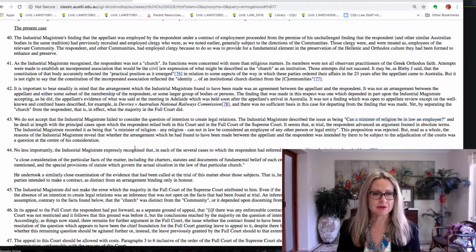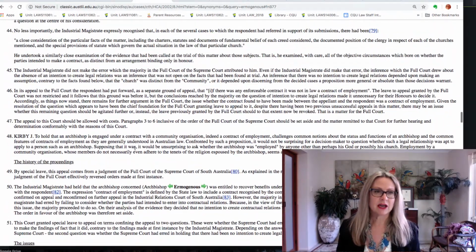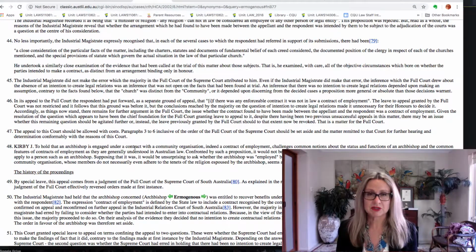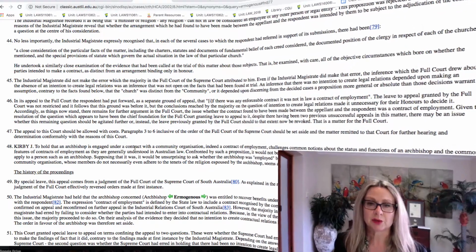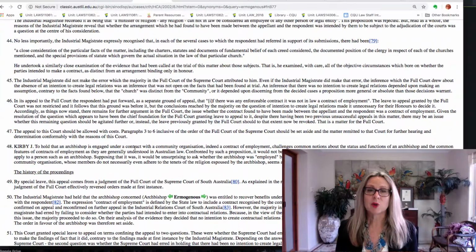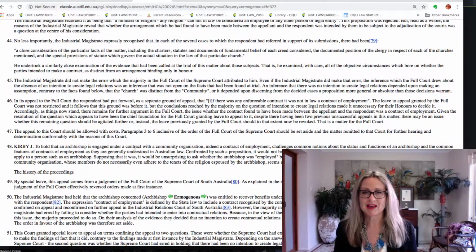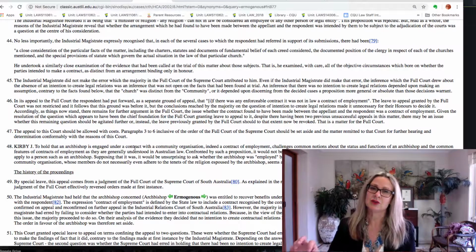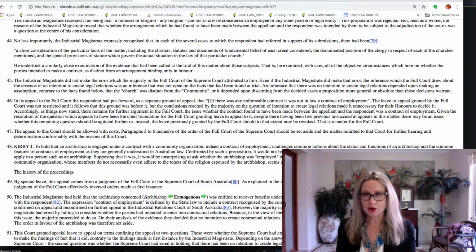So what does the court do then? They go ahead and they basically conclude that this particular decision has been arrived at appropriately. The one question that was really left to be answered was only the very minor question of, all right, if there was a contract here, was it a contract of employment? Because the answer to that question would then give Archbishop Hermogenes either his annual leave and long service leave money or not, okay?